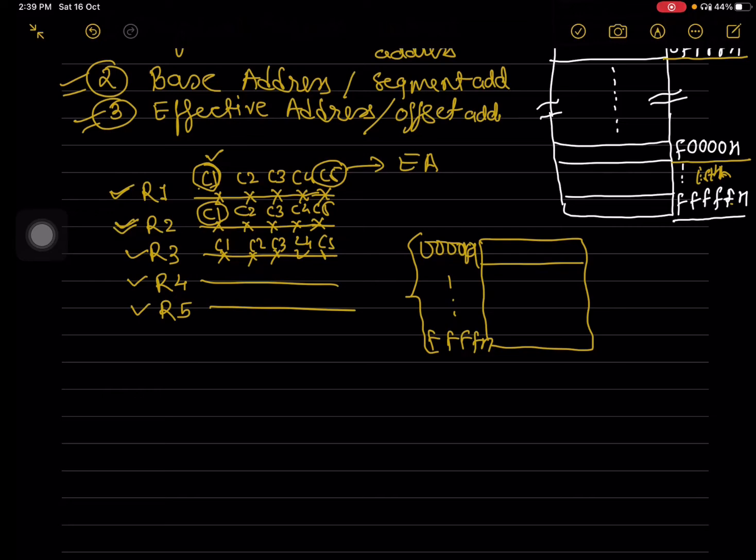So each row has a different row address. So row address can be considered equivalent to the base address. Every memory segment has a different base address, although each segment has the same set of effective addresses. So row address can be considered as a base address and column address can be considered as effective address.